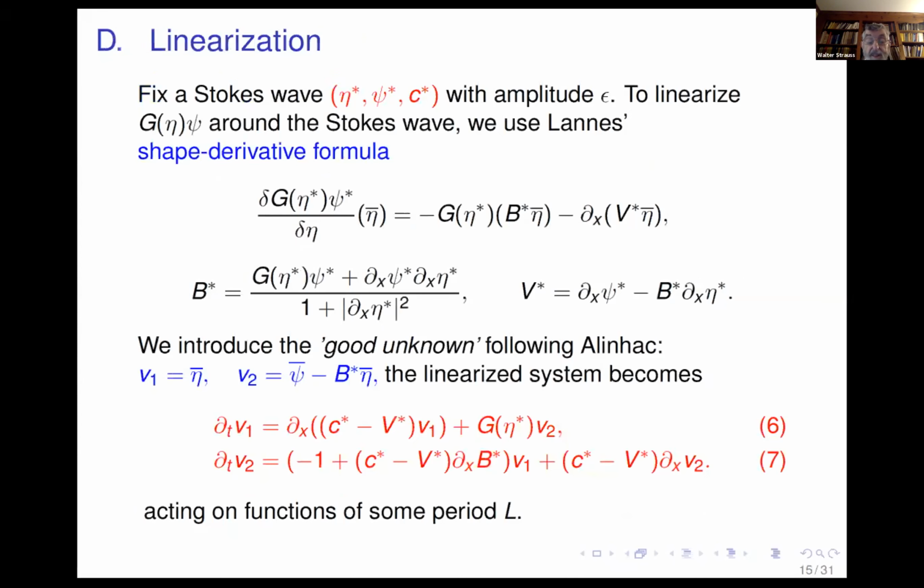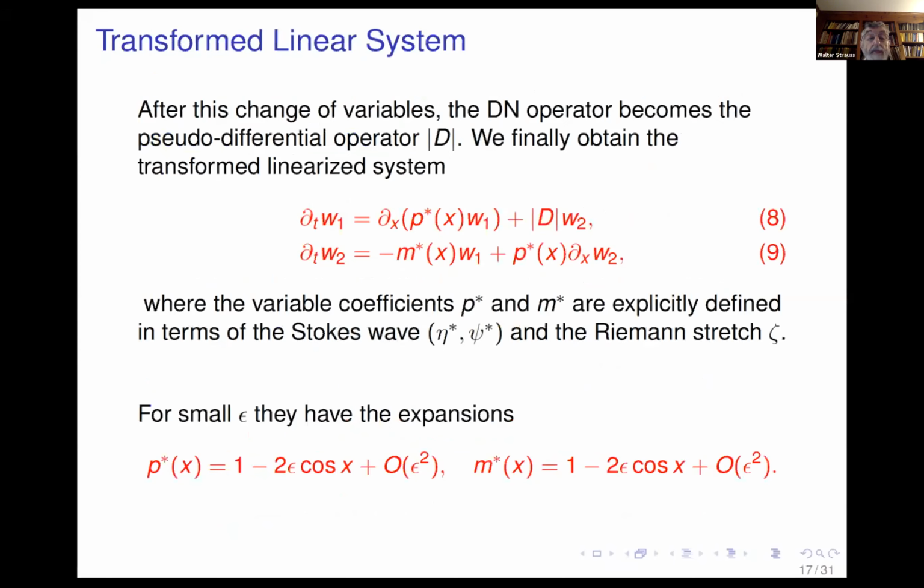The previous system written in red becomes this system written in red. It doesn't look so formidable. I've made some change of variables, a fairly mild change of variables. And I flattened the boundary, but the boundary is fairly flat. It's a small amplitude, fairly flat anyway.